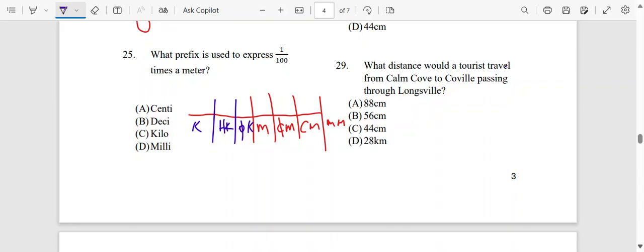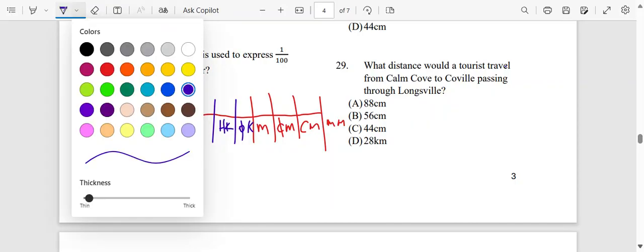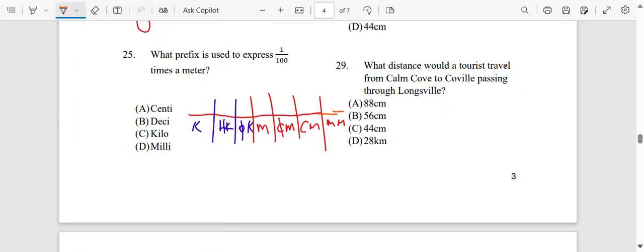Then it says 1 over 100. Of course, let me show you. Let me get the red and draw the line right there. Over here is 1 over 10, and over here is 1 over 10 again, 1 over 10 again.